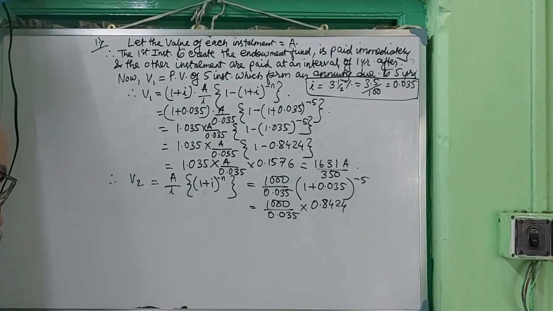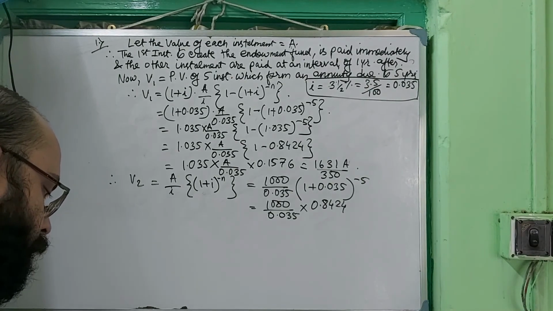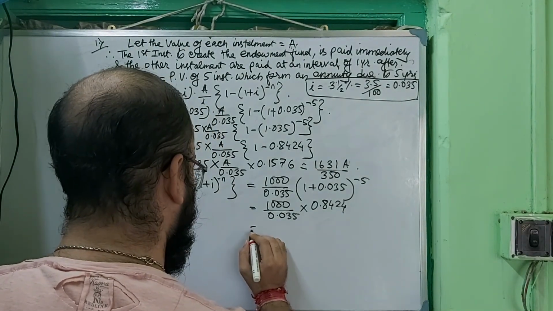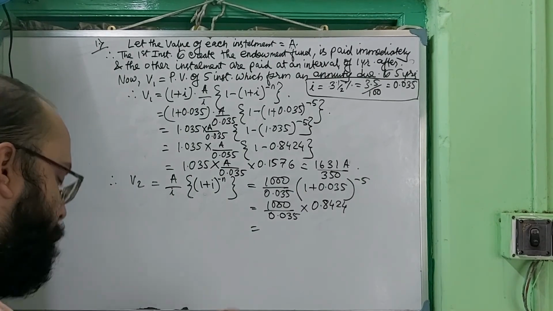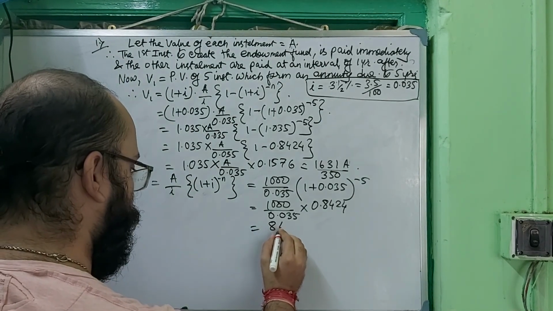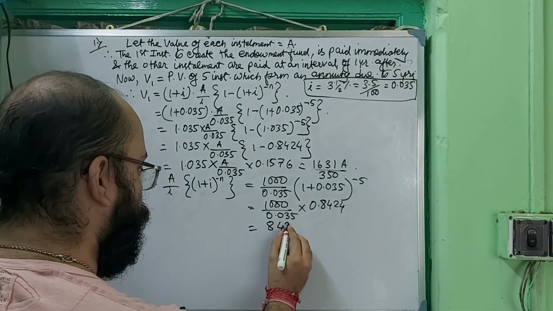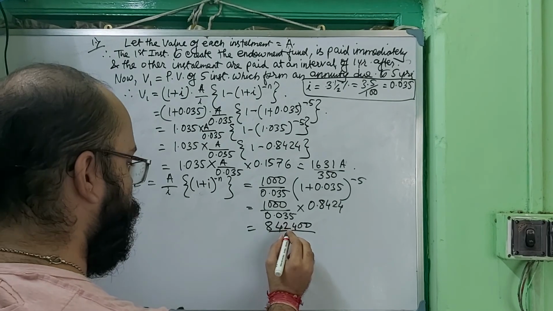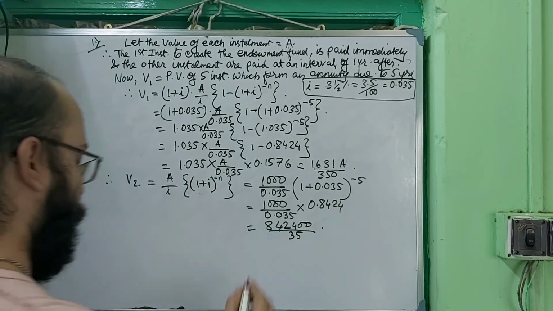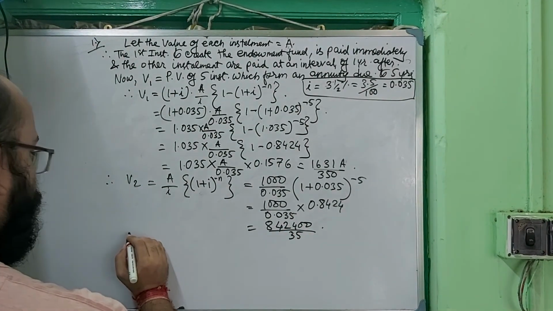If you calculate it, it becomes 842400 by 35, right?